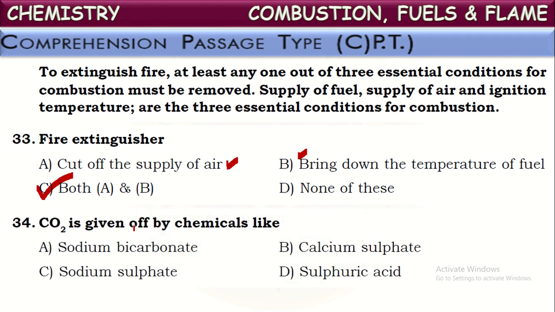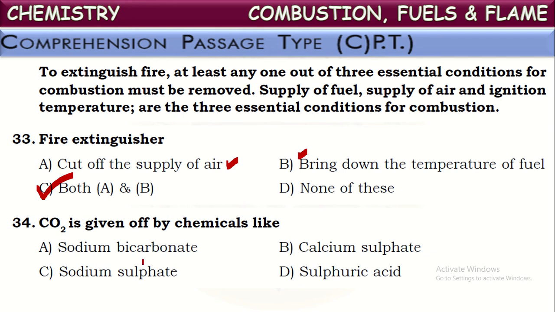Next, carbon dioxide is given off by chemicals like... which kind of chemicals produce carbon dioxide? Generally, chemicals like carbonates and bicarbonates of metals. On heating, they produce carbon dioxide gas, or on reaction with other chemicals also, they produce carbon dioxide.